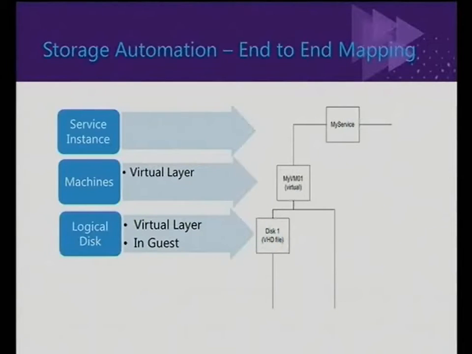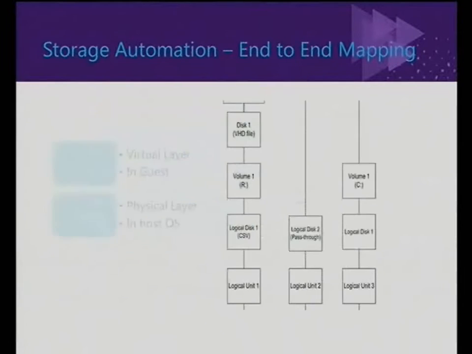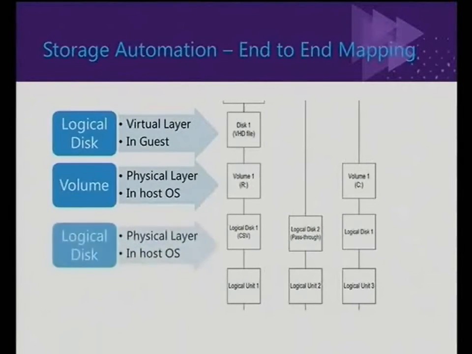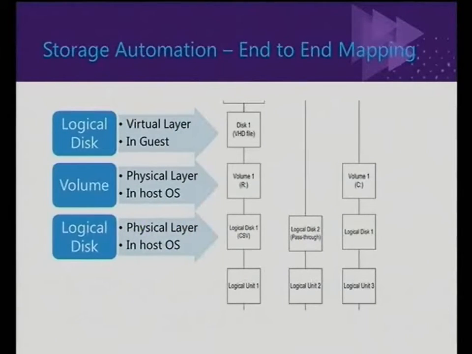You can go to my service, you can go to the virtual layer, then you can go to the disk. Also, when you connect to the disk, you can go to the logical disk, you can go to the volume. You can go to the physical layer into the host OS. You can go to the logical unit.